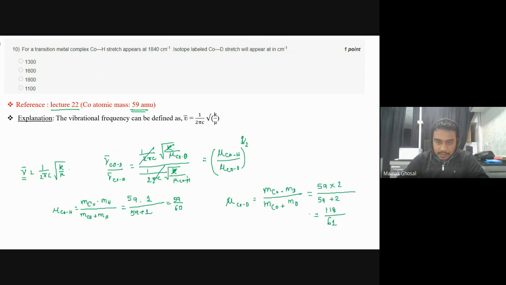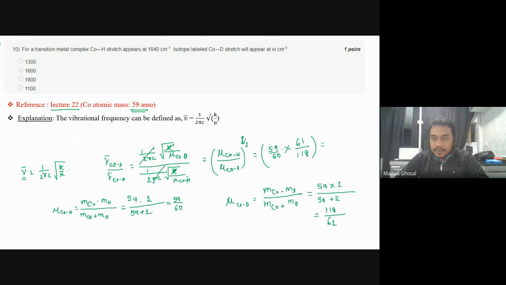Now I have got these two values, mu COH and mu COD. You just need to put them here. I put mu of COH as 59 by 60, and since this is in the denominator, I write it in reverse: 118 by 61.